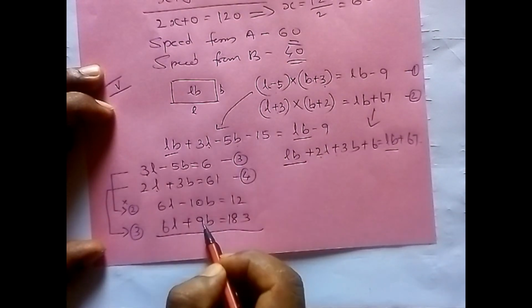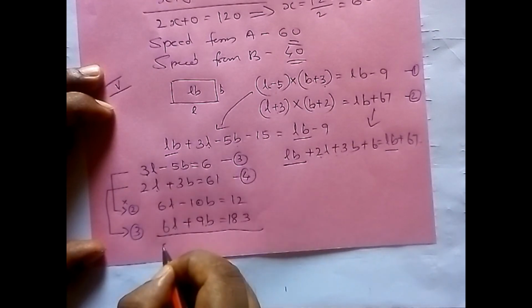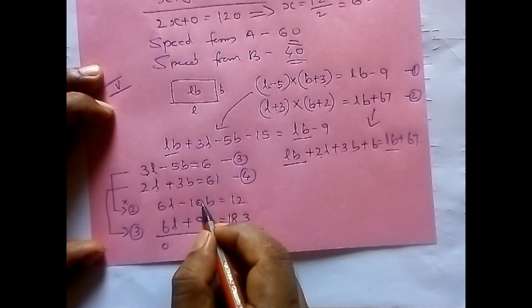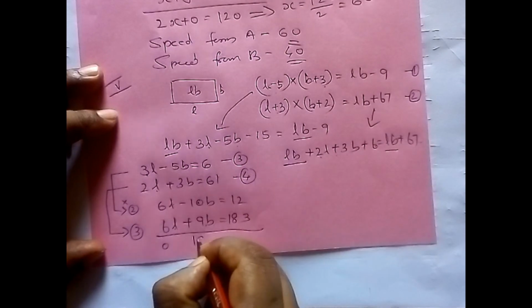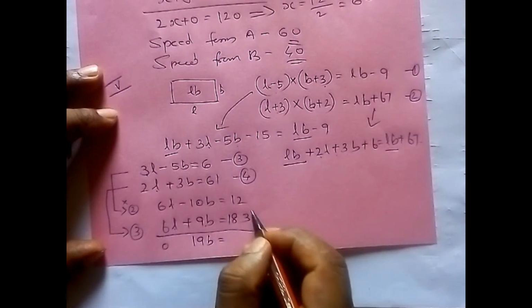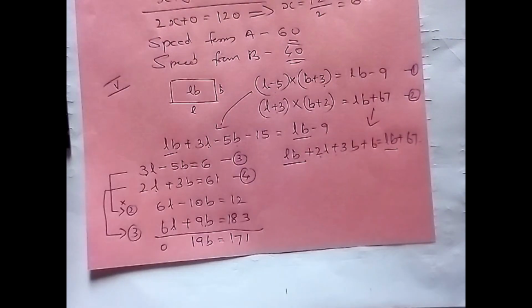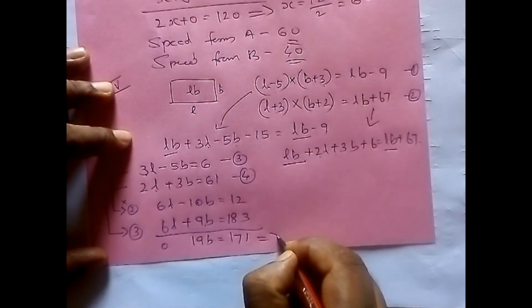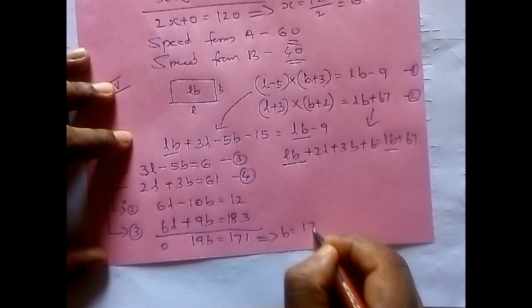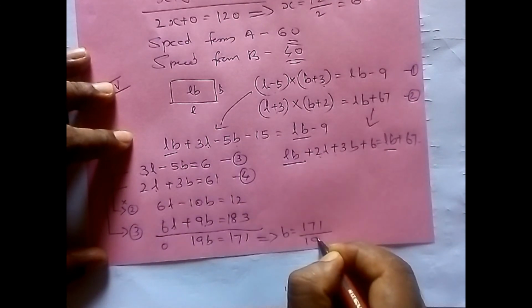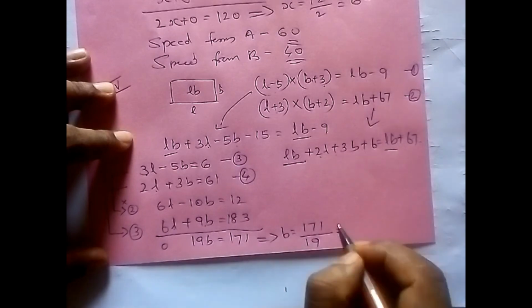Now subtract this from this. 6L minus 6L, 0. 9 minus of minus 10, that is 19B equal to 171. That means B equal to 171 divided by 19, which is equal to 9.